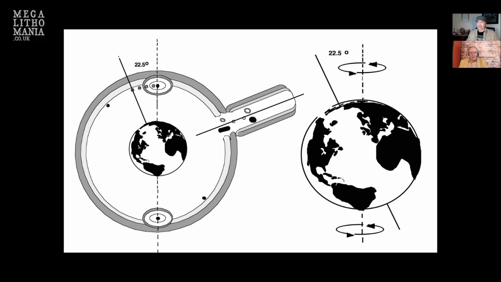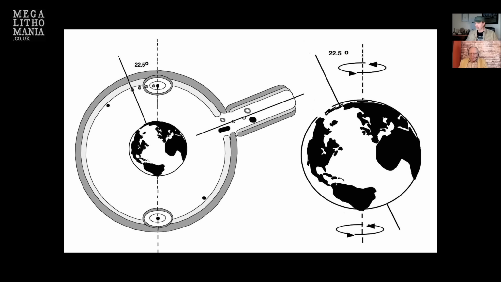But if you look on the left-hand side at Stonehenge, you'll see that Stonehenge has exactly the same 2 little circles we saw on the plan view of Stonehenge. And they appear to be marking the precession of the equinox of the Earth. They're pretty much at the same angle as the angle of the Earth. The angle of the Earth at present is 23.5 degrees.